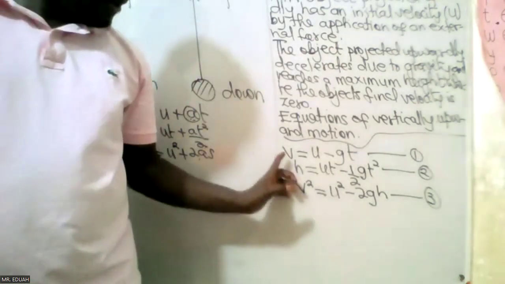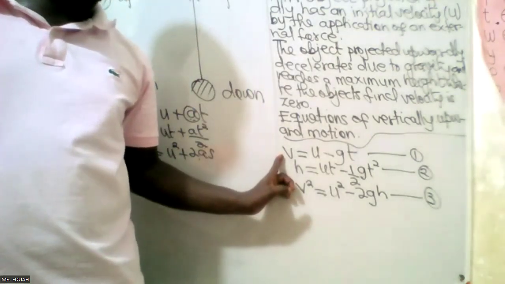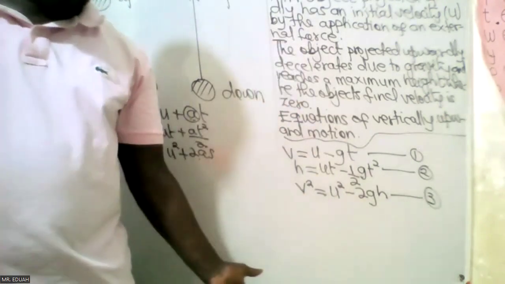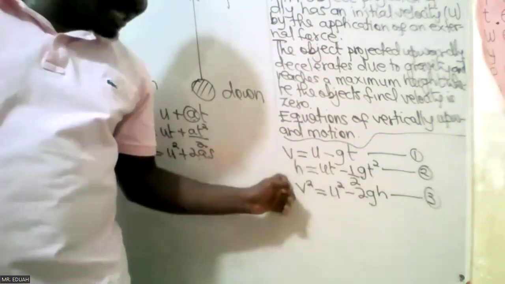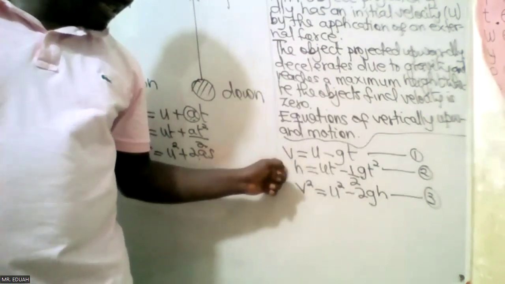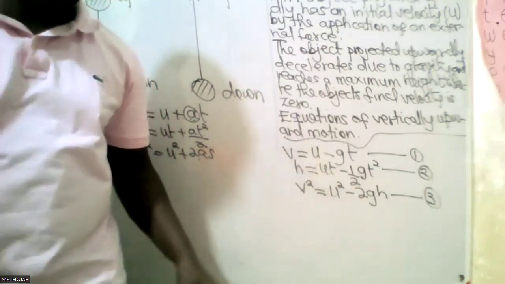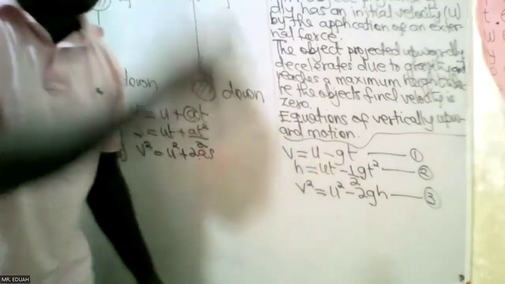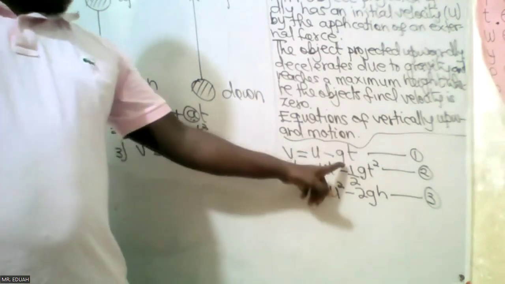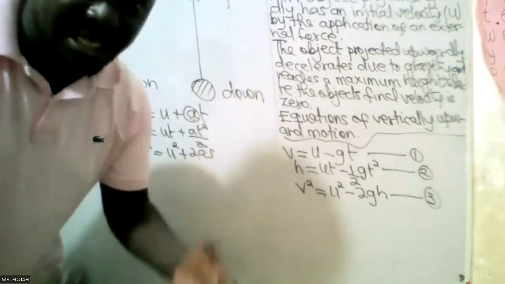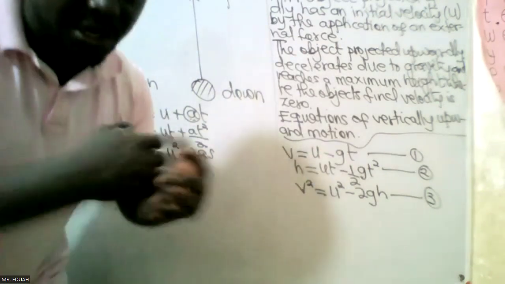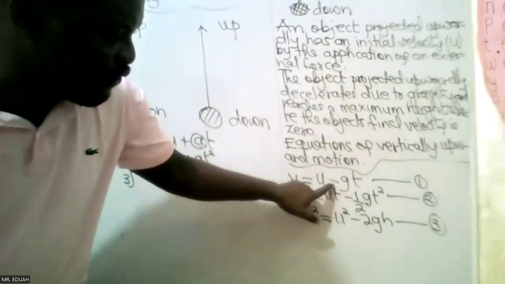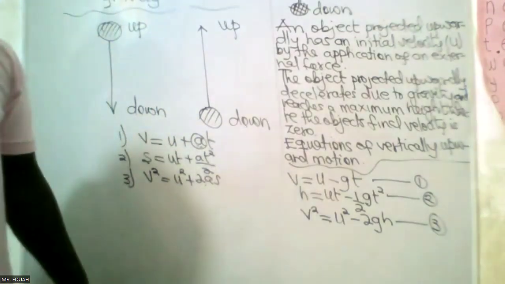where V is the velocity at any time t. U is the initial velocity. Before the object can go up, we must give it a certain initial velocity, U. g is the acceleration due to gravity. But because it's a deceleration, that is the reason for the negative here.